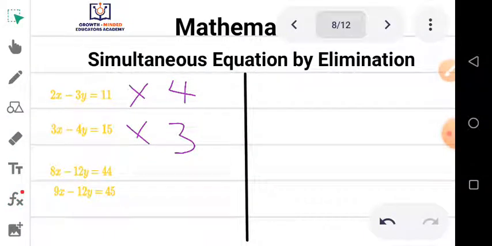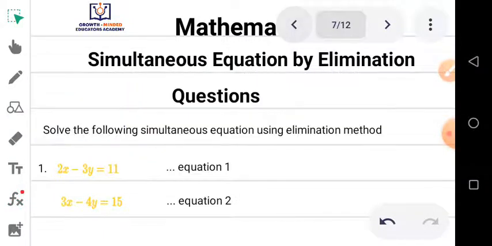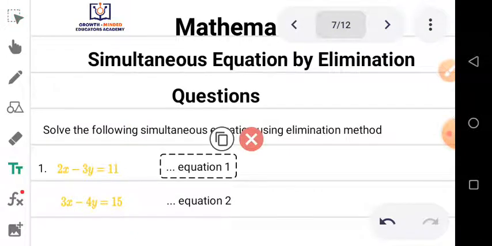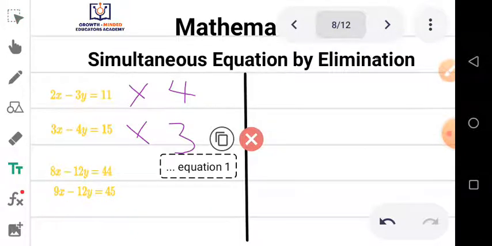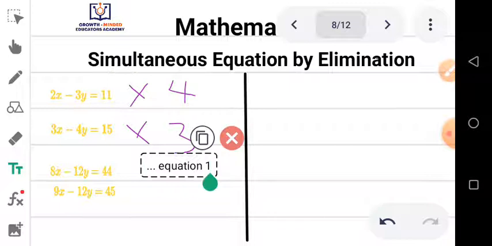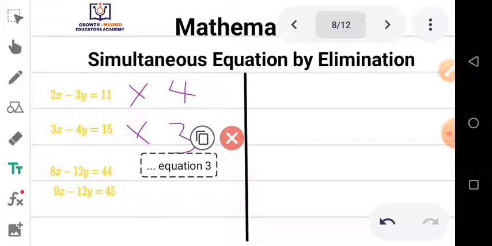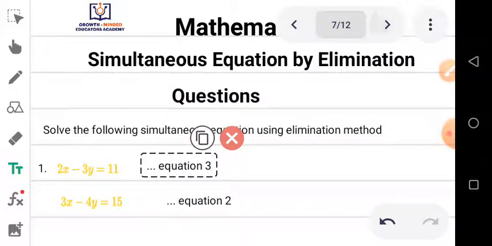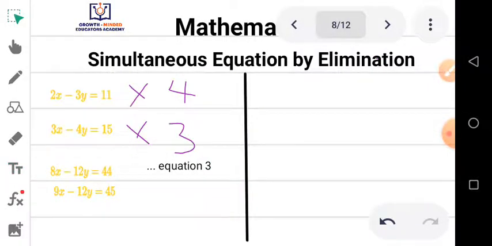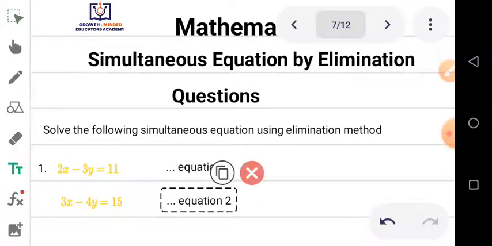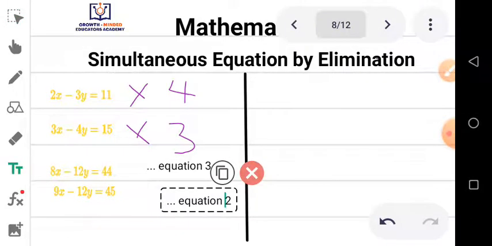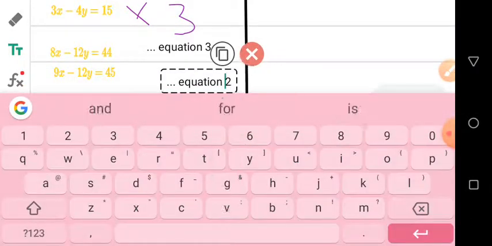So this will be our equation 3, and this will be our equation 4.